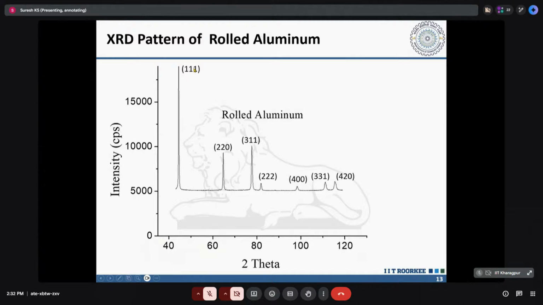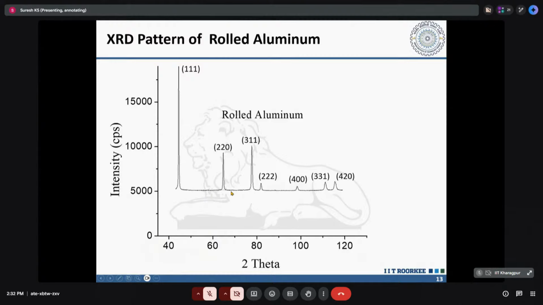For BCC metals and alloys, instead of the 111, one will go for the 110, 200 and 211 peaks. The 111 peak and the 222 peak carry the same information, but we avoid measuring the 222 peak, which is a higher order peak, simply because its intensity is much less.